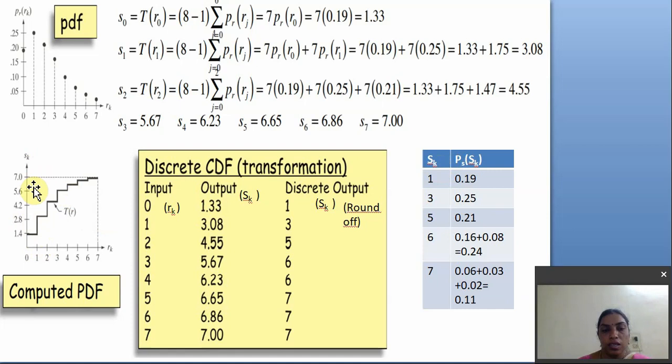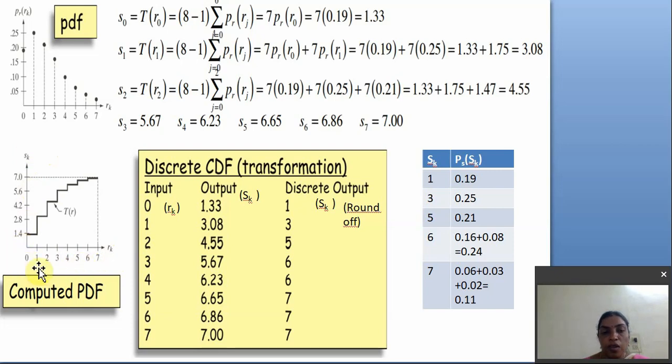This graph describes the transformation characteristics between input and output. Input is RK, so take the values 0, 1, 2, 3, 4, 5, 6, 7 gray levels, and SK on the y axis with values 0 to 7.